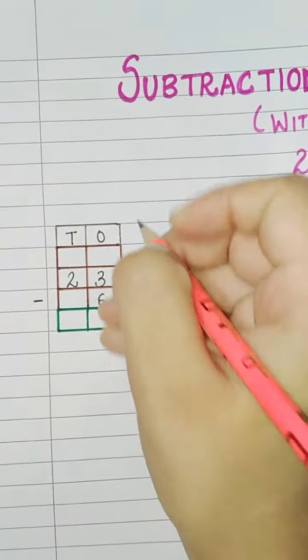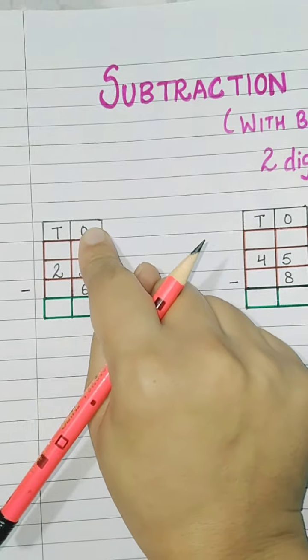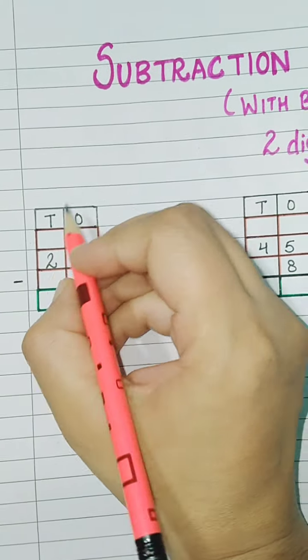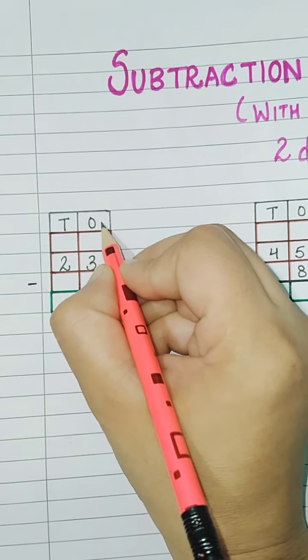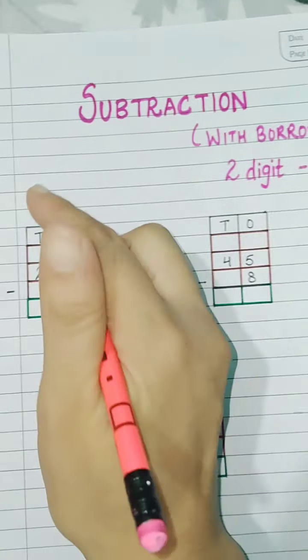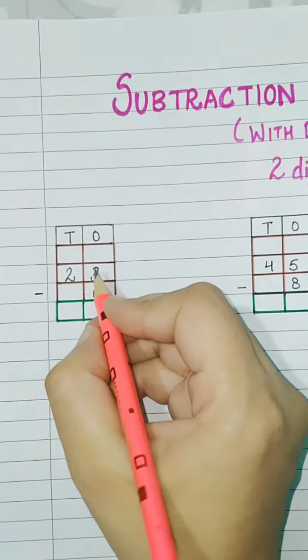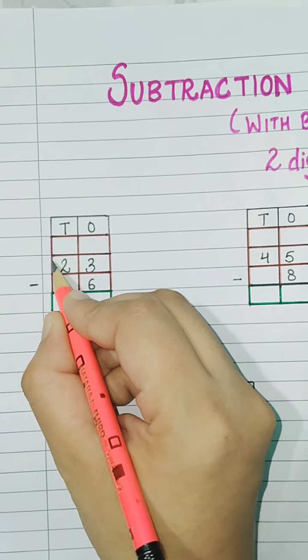On the very first line of boxes, when you are doing a subtraction or addition sum, you have to write O for the ones and T for the tens, in different boxes. Then for the borrowing sums, you have to leave two boxes for a two digit number and three boxes for a three digit number. You have to leave one line of boxes.